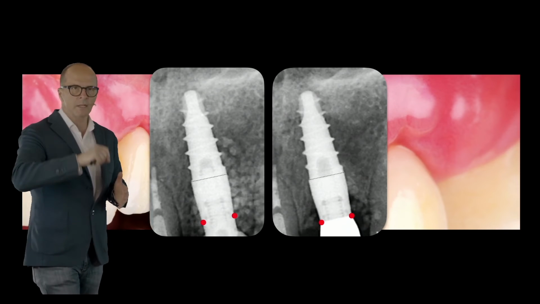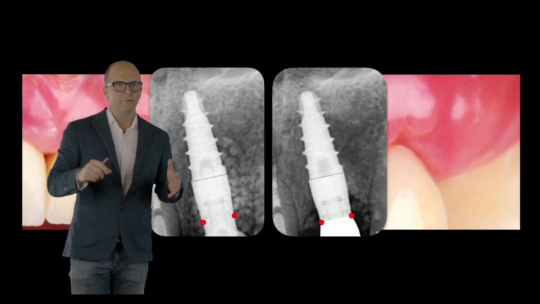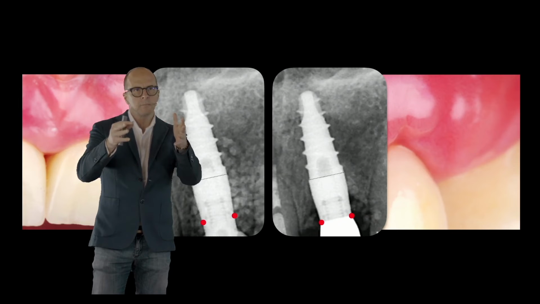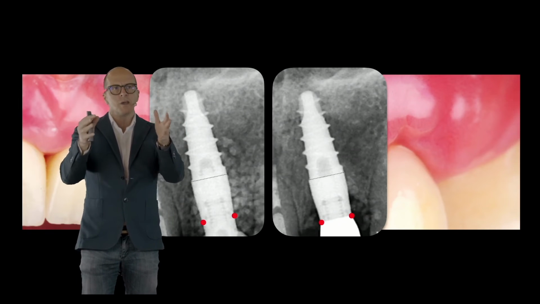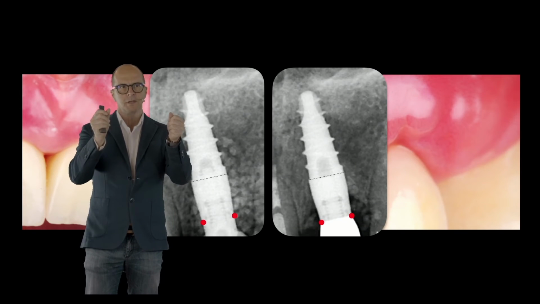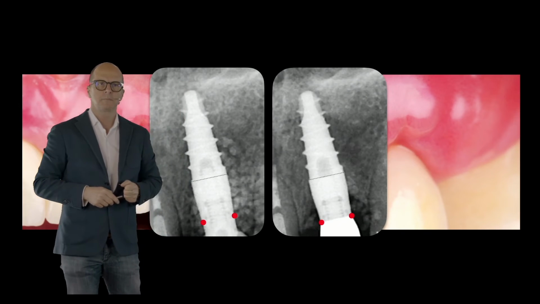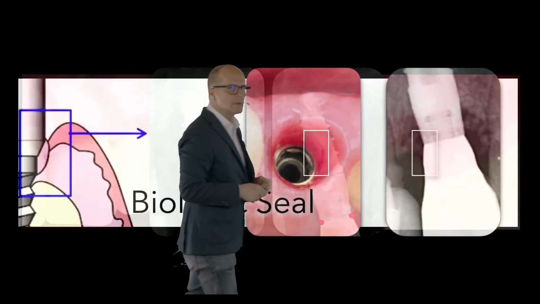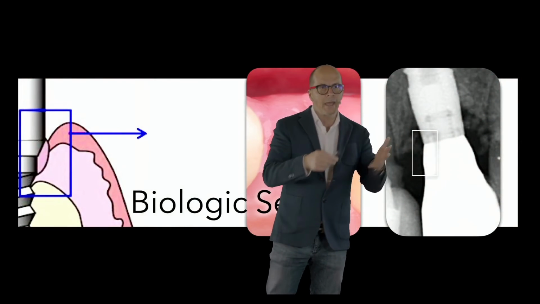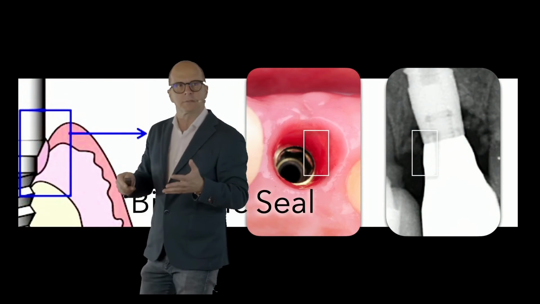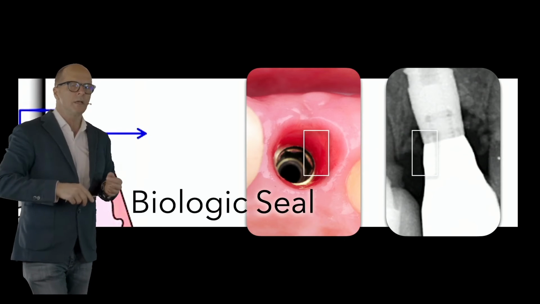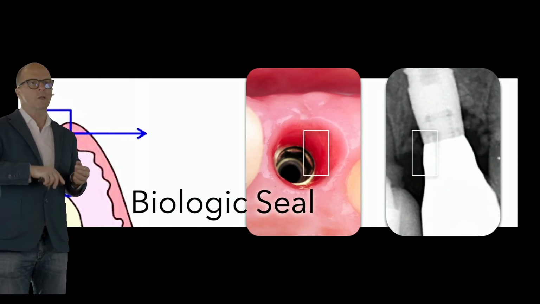As you can see in the X-ray, we have the neck, which is in part exposed to the soft tissue, and we have the biologic seal. The apical part of the neck is also integrated, because the real biologic seal is right there, apical to the micro gap.